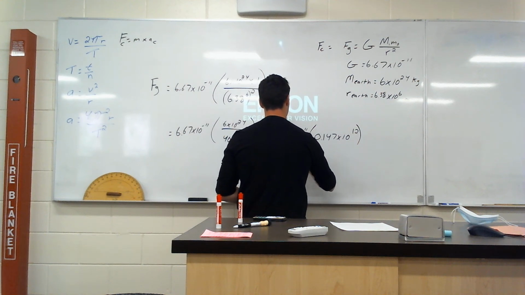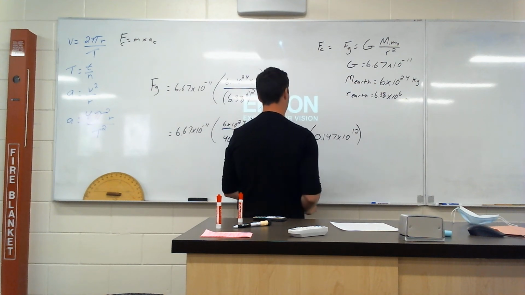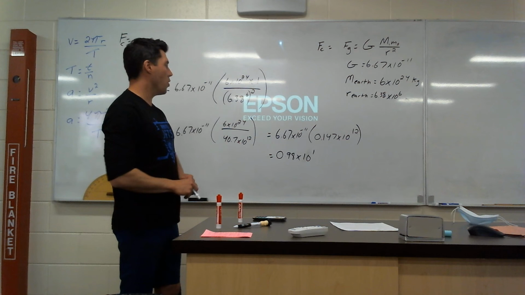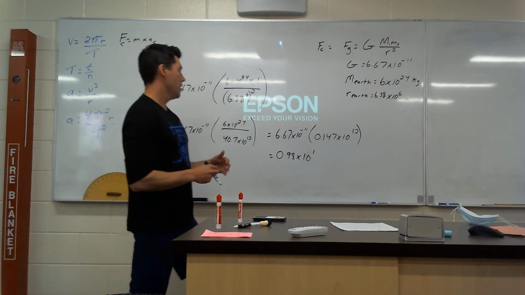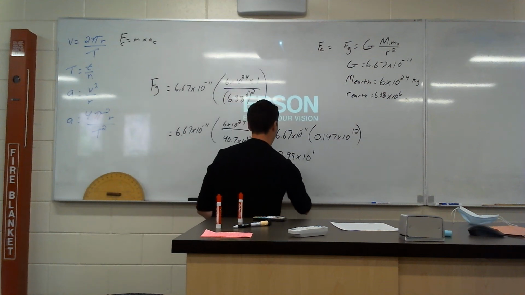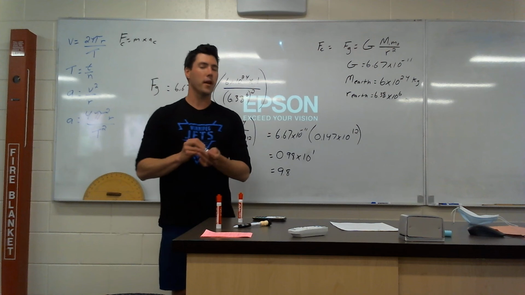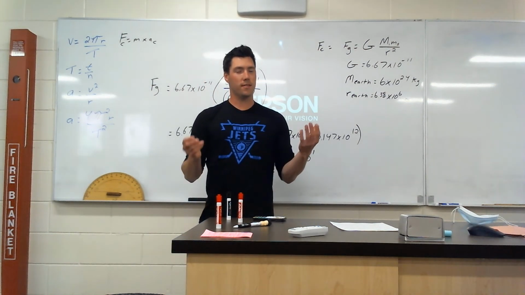0.98 times 10 to the 1. Okay? And if I want this answer, times 10 to the 1 means I'm just going to multiply by 10, which gives me 9.8. And you should be able to figure it, if there's a 1 kilogram mass, what's the actual gravitational force?